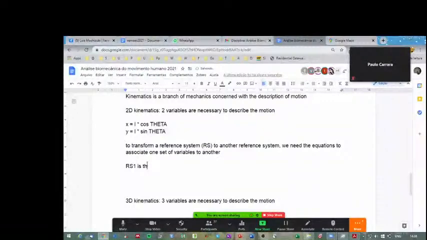And then you will go to what we are going to call the generalized coordinate system. What is the generalized coordinate system? It is any coordinate system applied to describe the motion.